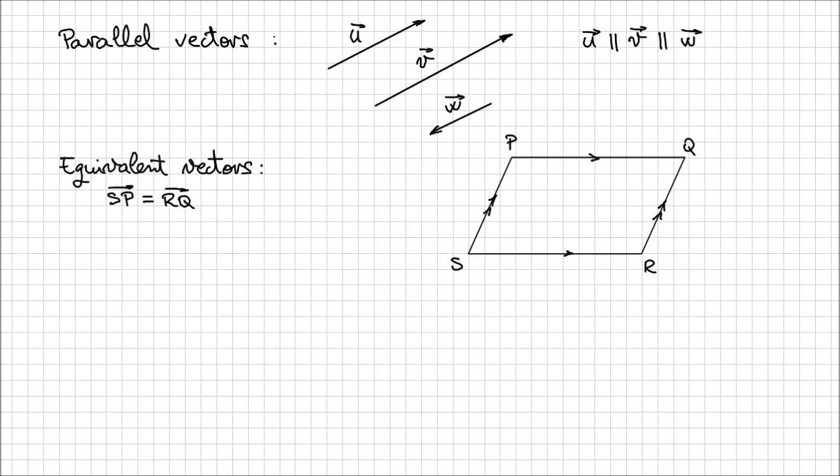S being the start point, P being the end point, then it has to be the same with RQ since it points in the same direction. Another example on this diagram would be PQ, which is equivalent to SR, for example. There are plenty of other sets of vectors that are equivalent on this parallelogram, but I'm just going to resume at that. Those are equivalent vectors with the same magnitude and the same direction.